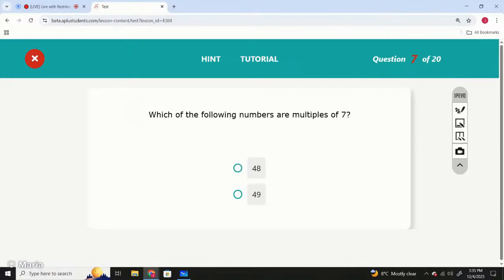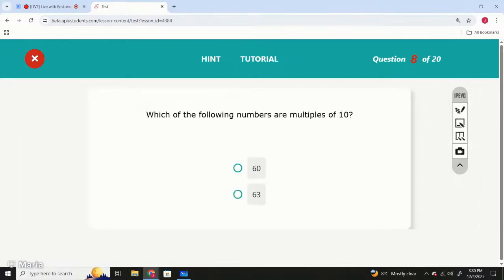Which of the following numbers are multiples of 7? That is 49. Option number 2 is the correct option. We have 49.